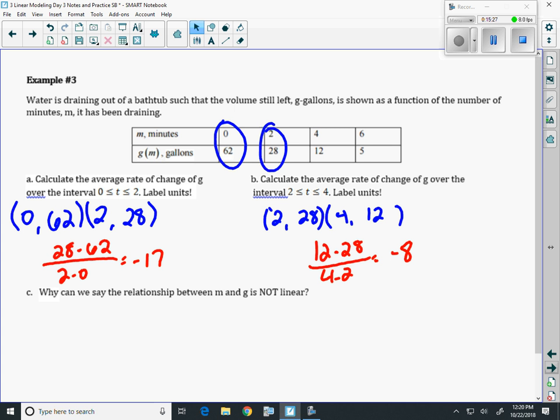It's not linear. The bathtub is not draining at a constant rate. Sometimes it might go faster, sometimes it might go slower.